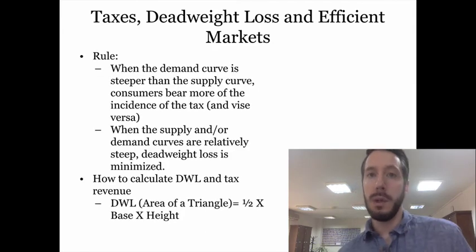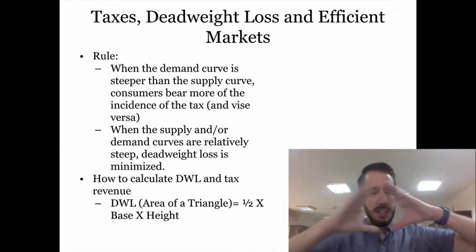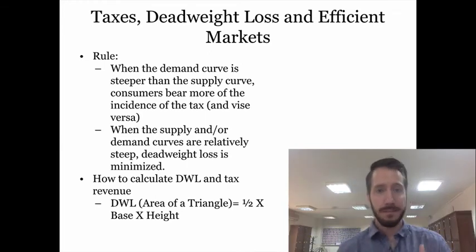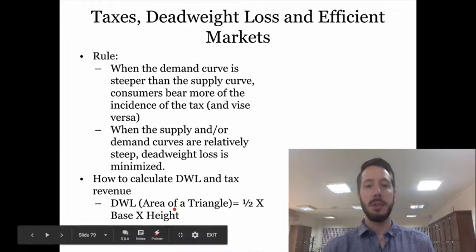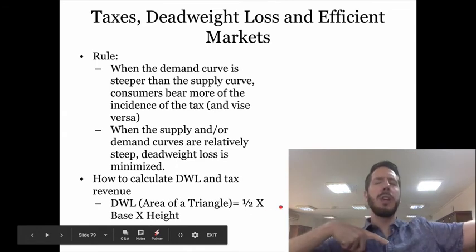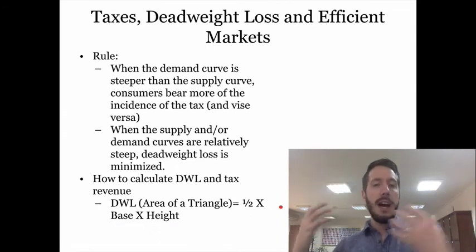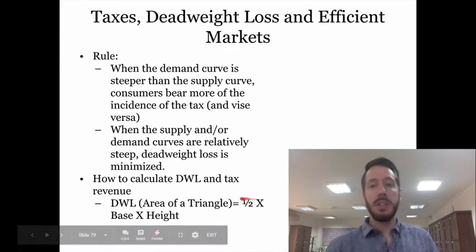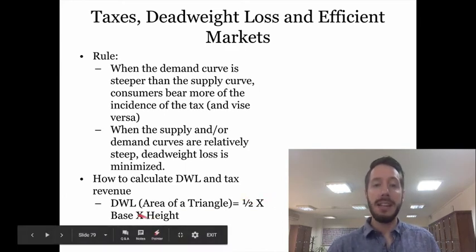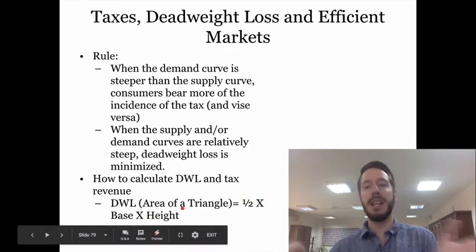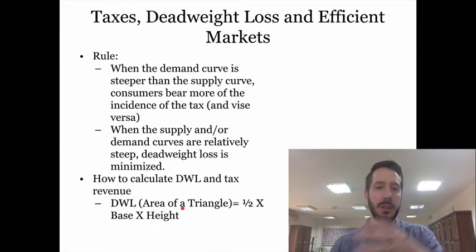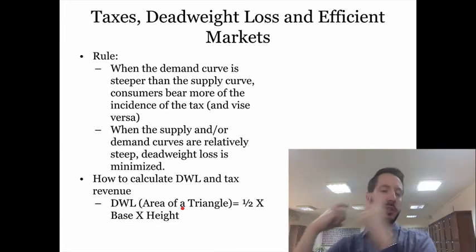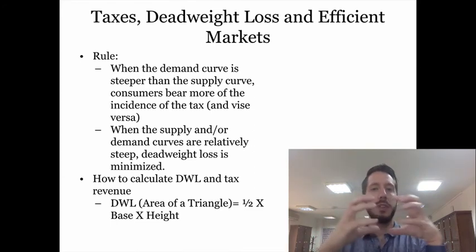Now, when we're looking at deadweight loss to actually determine what those numbers are, you just basically have to look at from our third video on how to use graphs. You just find out what the area of a triangle is. It's the base times the height times a half. So you calculate base times height, and then you multiply it by 0.5, and that gives you the area of a triangle.